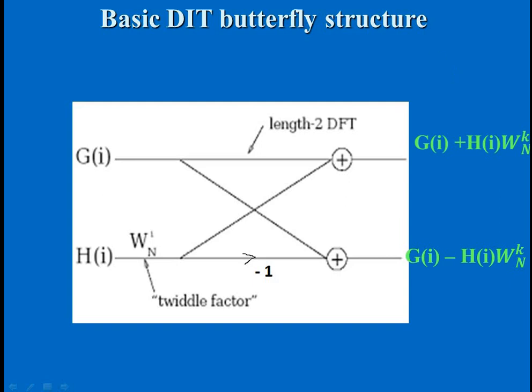We are going to start this session with the basic DIT, the very first algorithm, the DIT butterfly structure. It is called a butterfly because this combination looks like a butterfly.